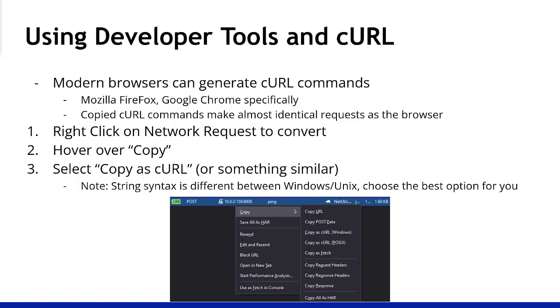In Chrome and Firefox, you can copy it as a Windows command or a POSIX or Unix one. The only difference is how strings are handled. If you copy that over, you can put it into your terminal, and you have a curl command that mimics your browser.